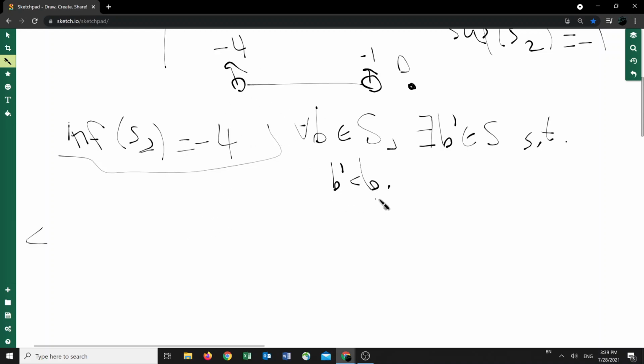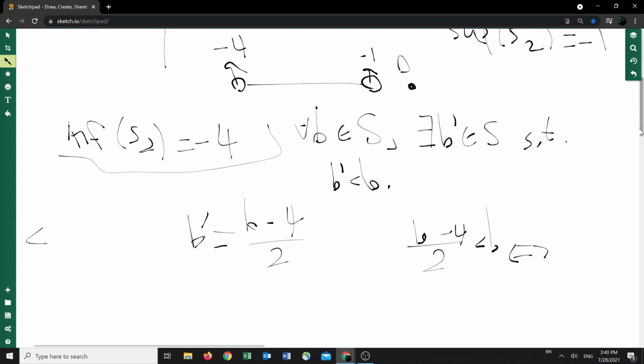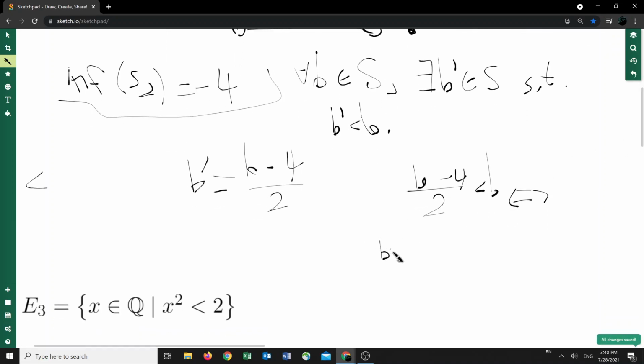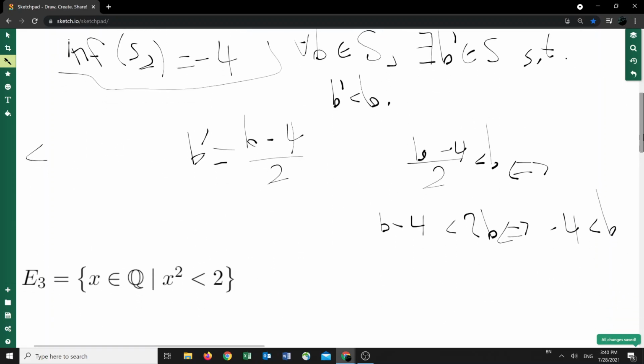we're just going to take b prime to be equal to (b minus 4) over 2. Let's show that (b minus 4) over 2 is less than b. That's true if and only if b minus 4 is less than 2b, which is true if and only if minus 4 is less than b, which is true by definition of our set.